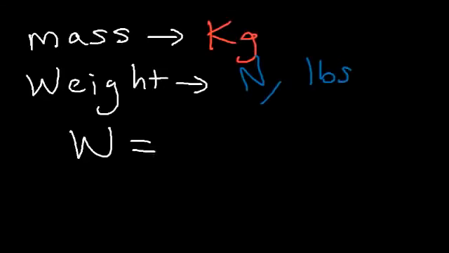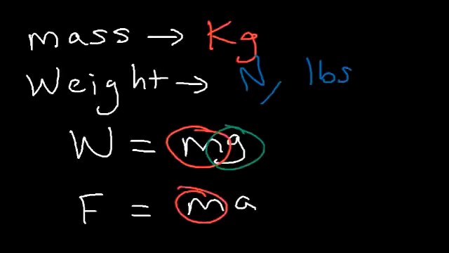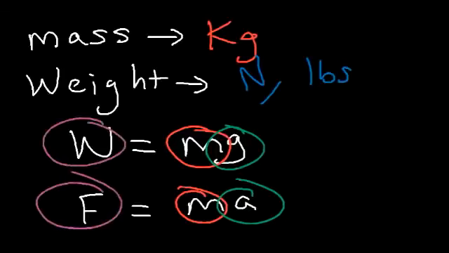Weight is equal to mass times gravitational acceleration, the same way as force is equal to mass times acceleration. As you can see, these two are the same. When you see g, g is a type of acceleration, and weight is a type of force. Weight is simply the force of gravity that is acting on you. And so weight is a downward force.